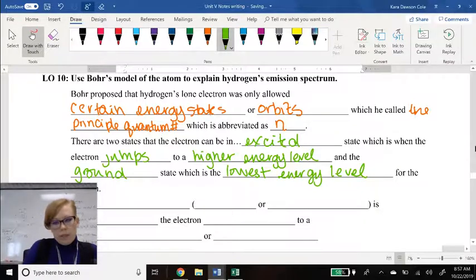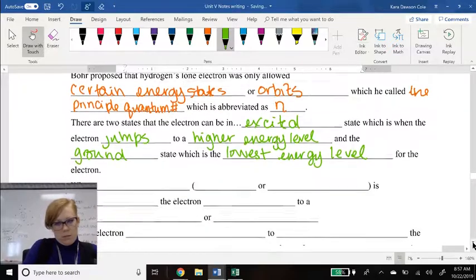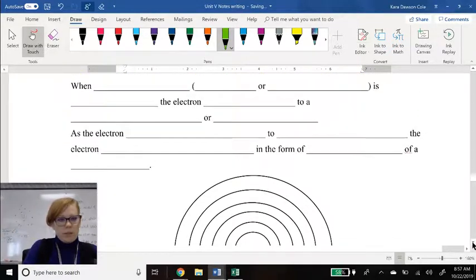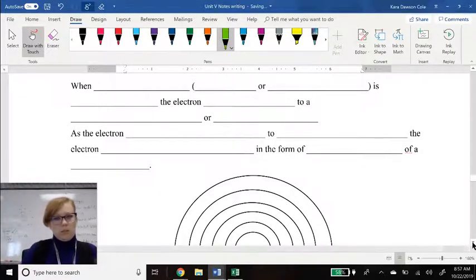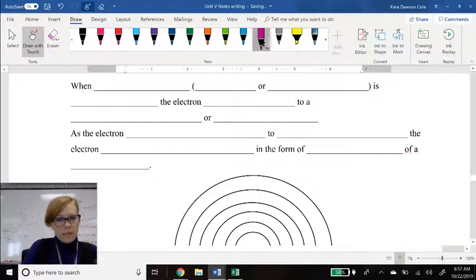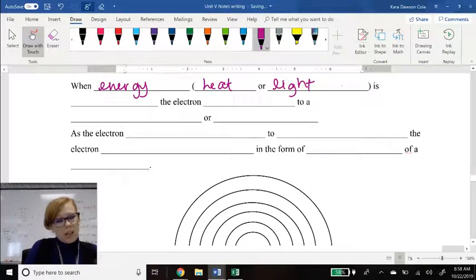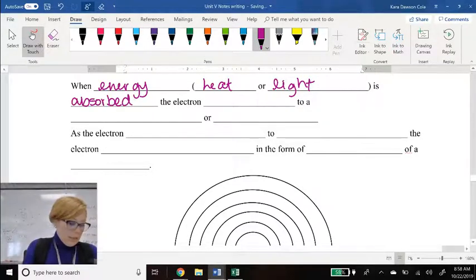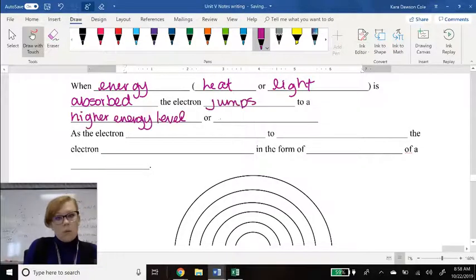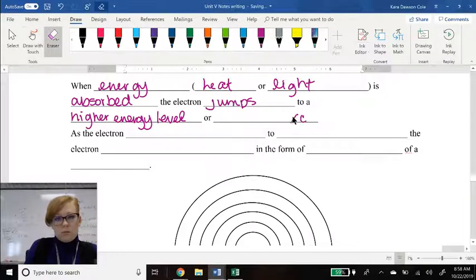Now, we've already talked a lot about this, but this is how you would explain how an atom emits certain colors of light. When energy, which can be in the form of heat, light, or even electricity, is absorbed, the electron jumps to a higher energy level, or becomes excited.